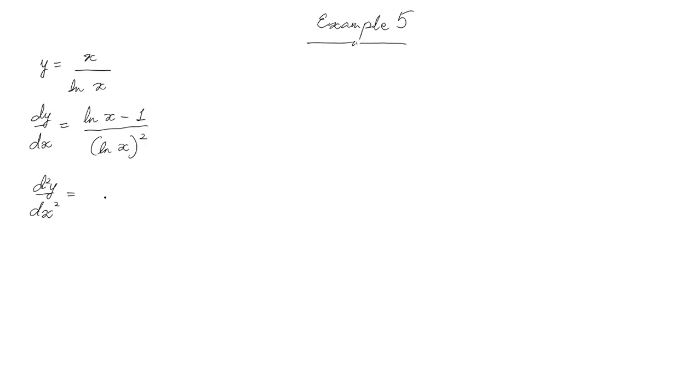So for this part, it's a little bit tedious. I'm going to show how I get to the simplified version. You're going to have (ln x) squared minus (ln x minus 1) multiplied with 2 ln x.